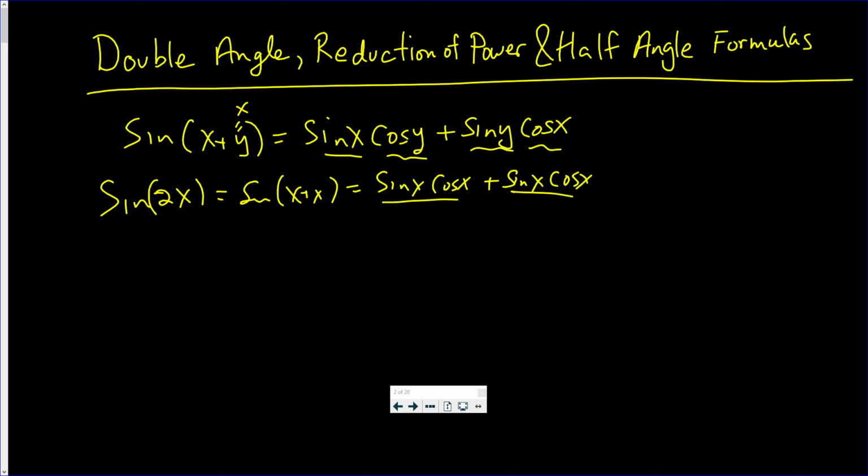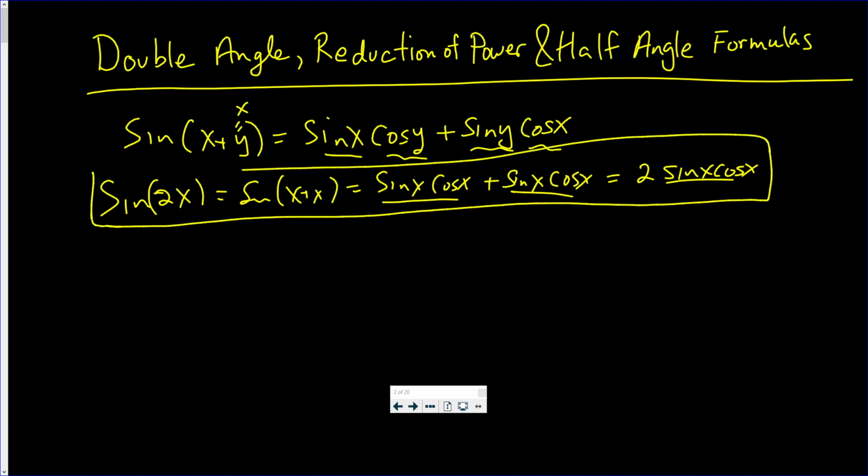I'm adding those two very complicated looking expressions. But I know one thing. If I have two of them, whether I like what it looks like or not, I'm going to end up with two of them. This is a formula that you can get for free by just letting y be x.